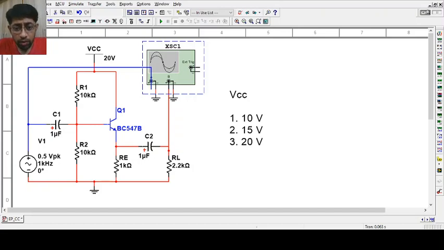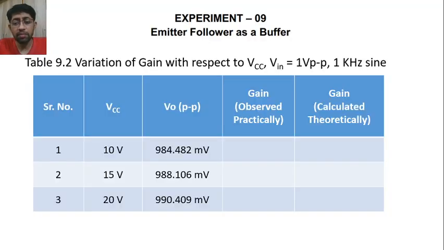If we go through it, this table says that as we increase the VCC, 10, 15, 20, you can see that there is a slight increase in the output. We have already discussed that on increasing the VCC, the emitter current IE increases, so r_e dash decreases.